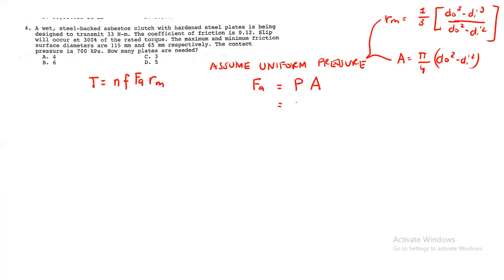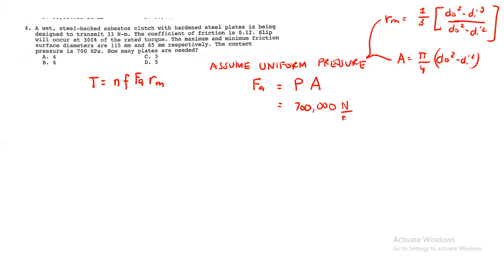So, ito siya. Uniform pressure. So, pressure natin, 700 kilopascal, or 700,000 pascal or newton per, gawin na lang pala natin pascal.